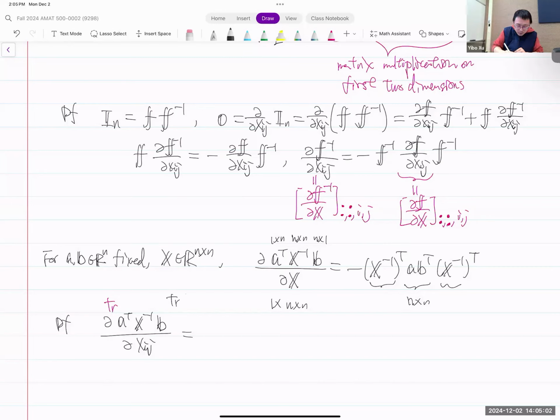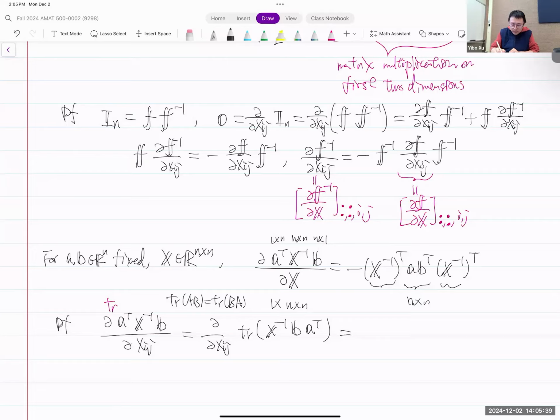So the trace of AB equals the trace of BA. So that's something you know. As long as A times B is square, you can swap the order. You can put the first at the end. So this equals del Xij of the trace of X inverse B A transpose. Now I swap A transpose, the row vector, to the end.